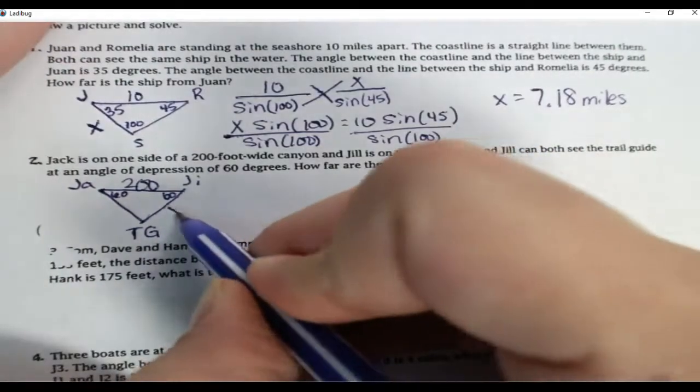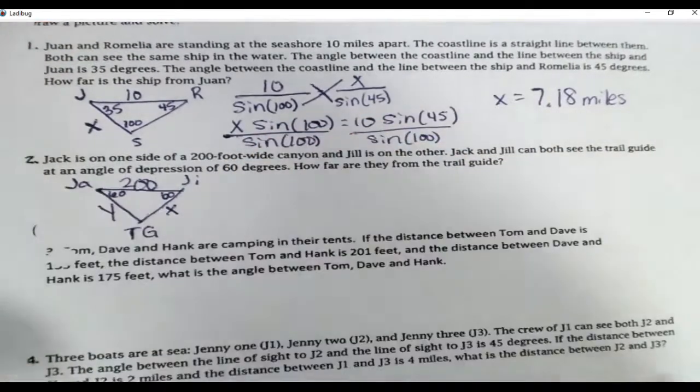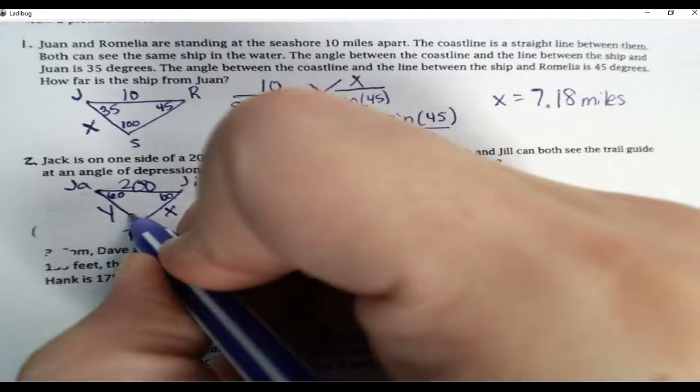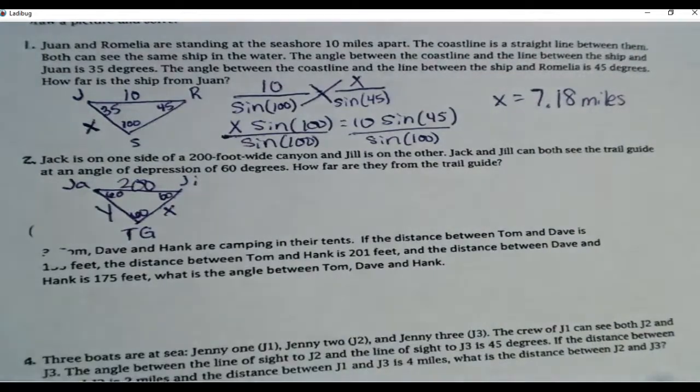And I want to know how far away they are from the trail guide. So how far away is Jill? How far away is Jack? What's the answer? Yeah, so my angle is 60, good. So if all of my angles are 60, what kind of triangle is this?